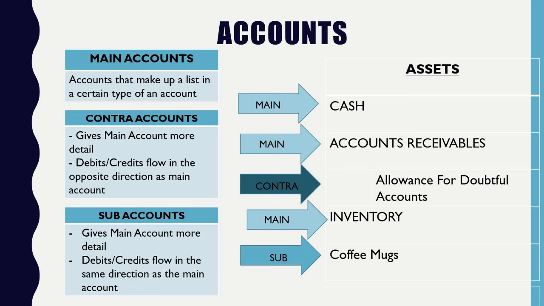Now, a contra account could give the main account even more information, or it could be a contra sub account. What a contra account does is it decreases the main account. So, for example, we took a look at sales. In order to decrease our sales, we need to create a contra account called sales returns and allowances.